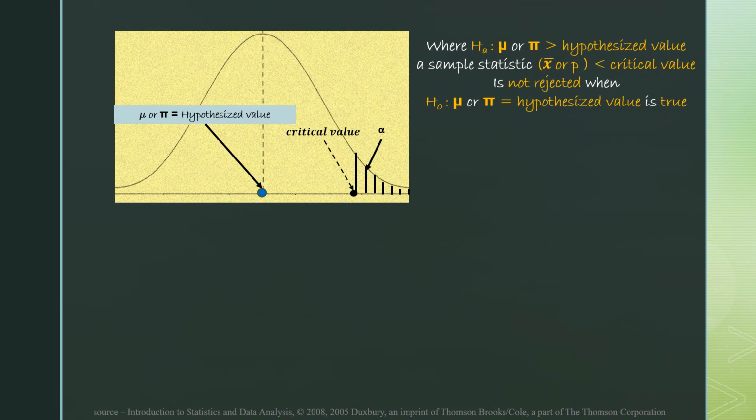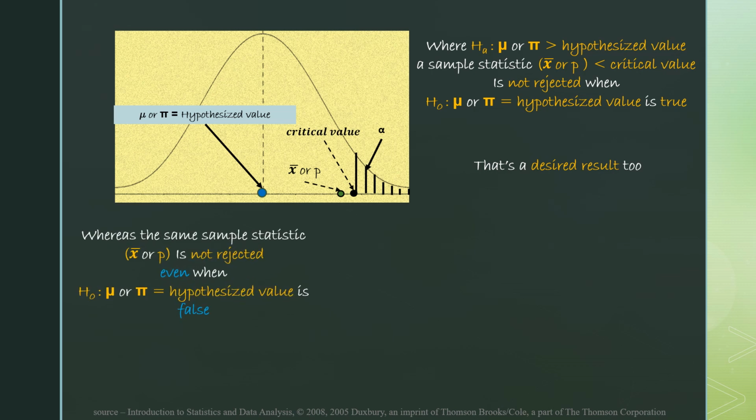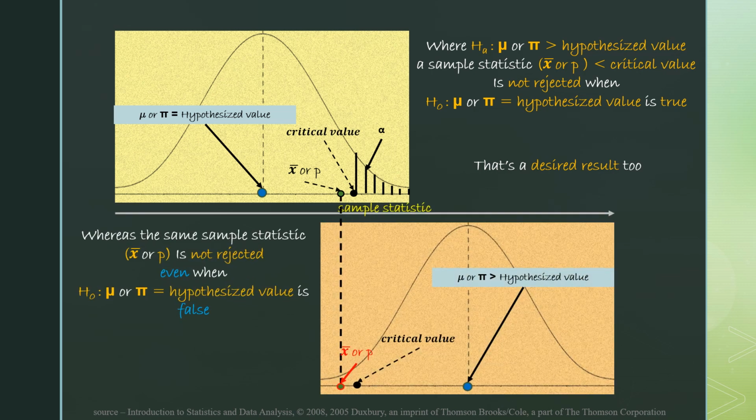Where HA, that is mu or pi, is greater than the hypothesized value, a sample statistic x bar or p less than the critical value is not rejected when H0, that is mu or pi equals the hypothesized value, is true. That is a desired result too. Whereas the same sample statistic x bar or p is not rejected even when H0 is false.